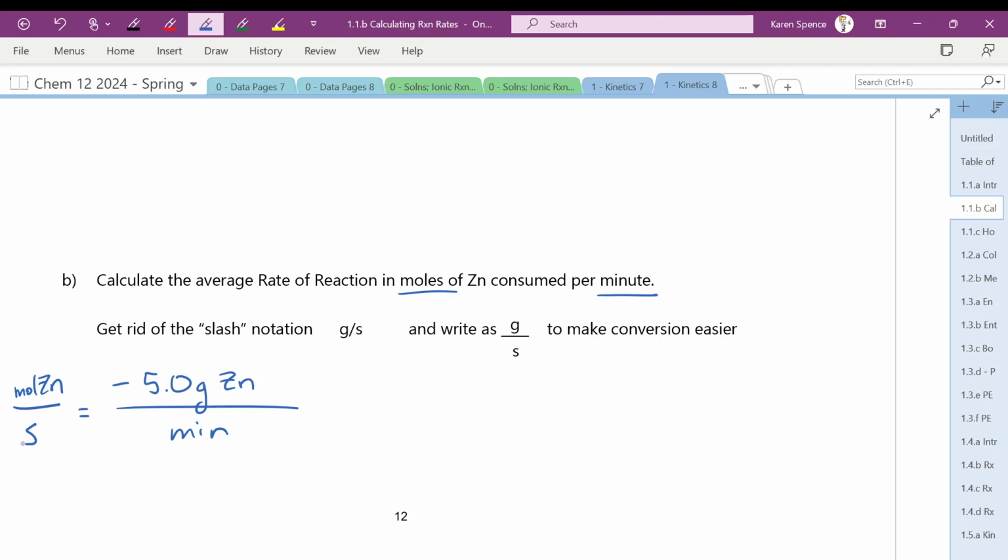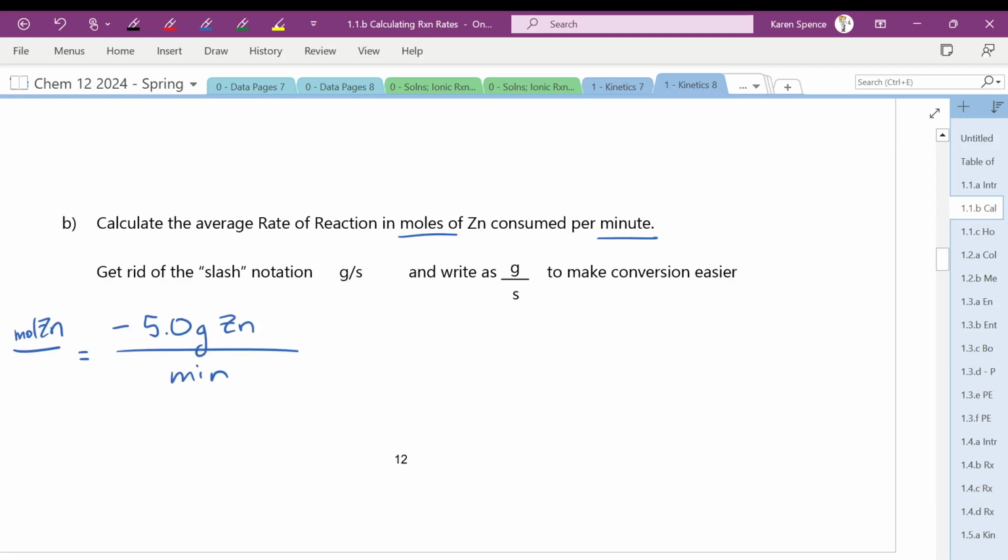Oh, no, not moles of zinc per second, moles of zinc per minute. We started with grams of zinc per second, and I forgot my times 10 to the negative 4. I'm making a huge mess of this, aren't I? Times 10 to the negative 4 grams of zinc per second, and we want to convert it to moles of zinc per minute. That looks better. Whew.